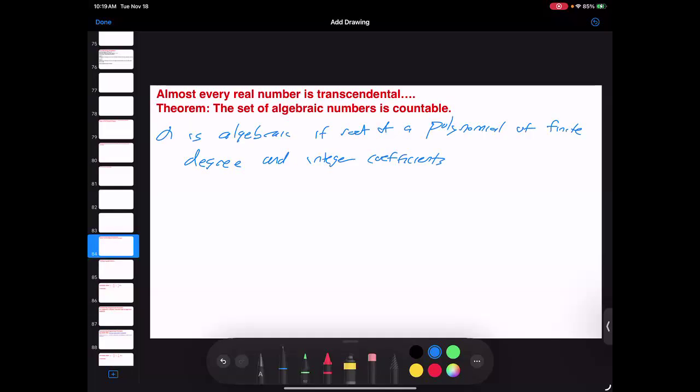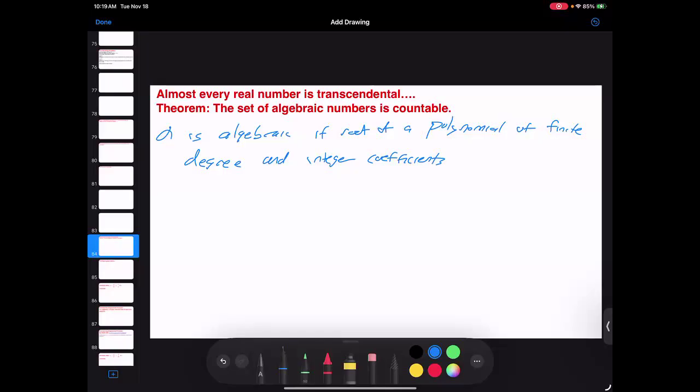If you want, I could have rational coefficients, but I can just multiply through by the greatest common denominator. That would give me a polynomial with integer coefficients. So I might as well just assume that my polynomial has integer coefficients that alpha is a root of. So we've talked in this class about trying to find roots of polynomials.